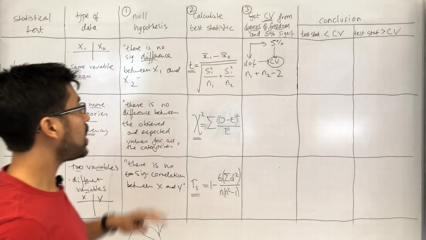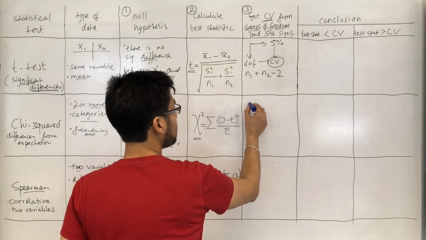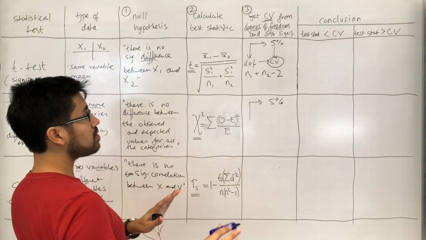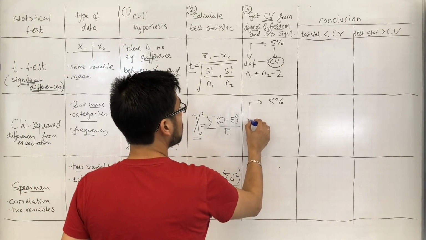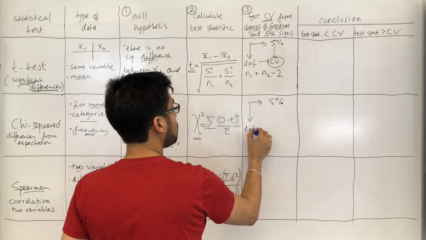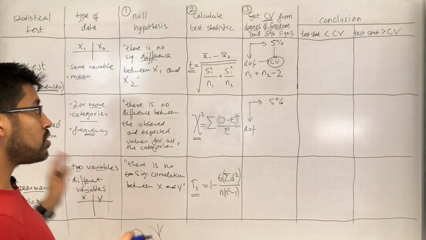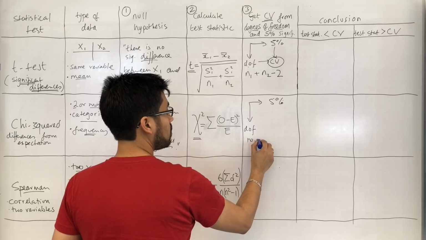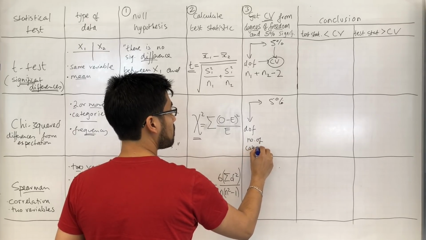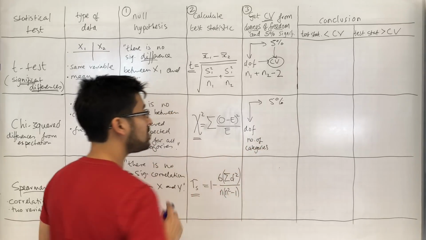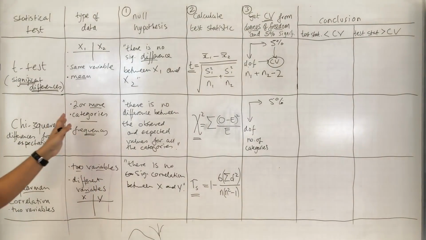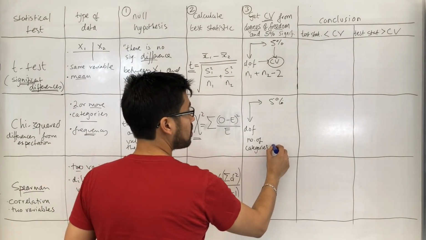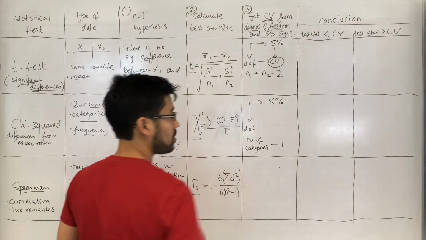For a chi-squared test, again, the principle is the same. We go across to 5% on the critical value table, and we go down the degrees of freedom. For a chi-squared test, the degrees of freedom is the number of categories, whether that's 2 or 3 or 4, whatever the number of categories was, minus 1.